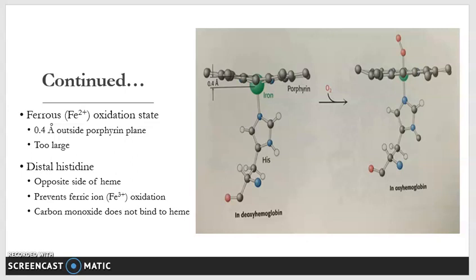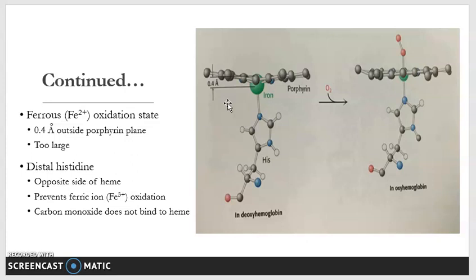And under normal conditions, the iron is in the ferrous oxidation state, and it sits about 0.4 angstrom from the porphyrin plane, and as we can see here, it's too large to fit in the plane. Therefore, it's harder for it to fit into the well-defined hole within the porphyrin ring.